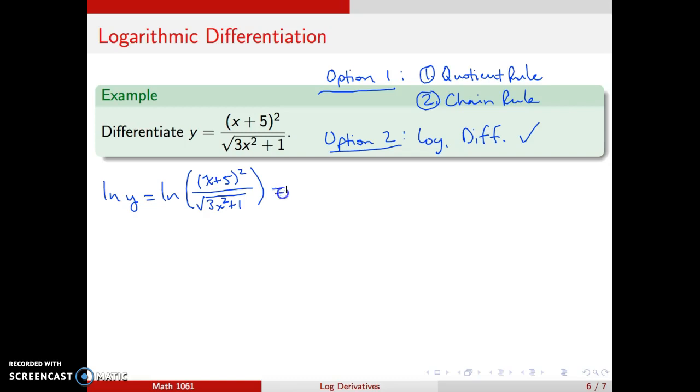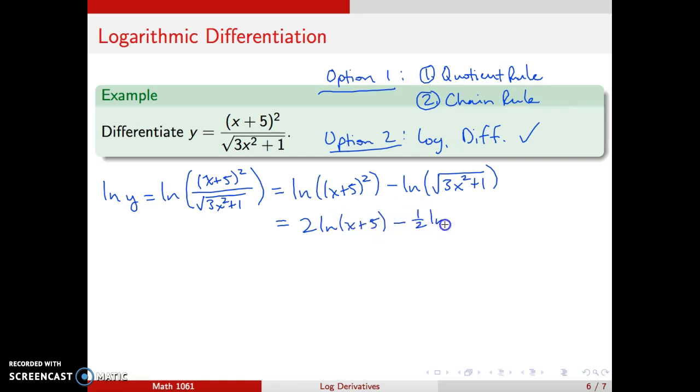Natural log of y equals, using some properties, natural log of x plus 5 minus natural log of the square root of 3x squared plus 1. And that is 2 times natural log of x plus 5 minus 1/2 natural log of 3x squared plus 1.